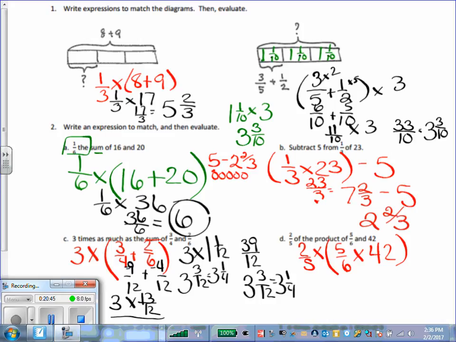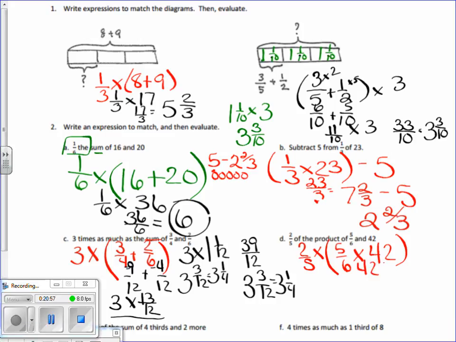Get the answer. You're doing it way harder than it needs to be. 5, 6 to 42. So 42 divided by 6 equals 7. 7 times 5 is 35. So my number in the parentheses is 35. You're taking a fraction of a whole number. This is what we did all week last week.